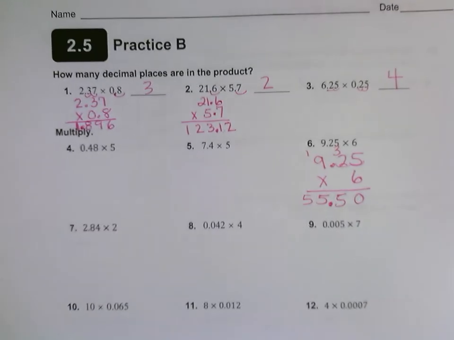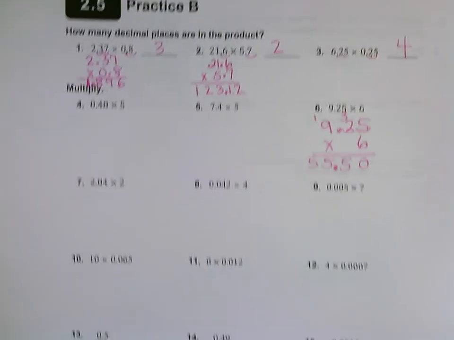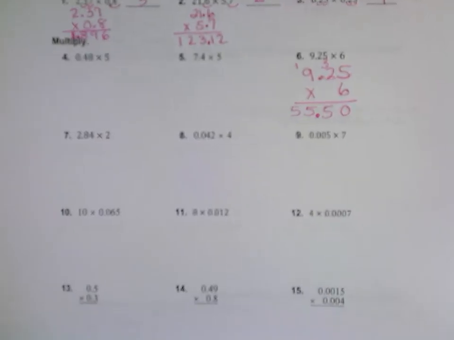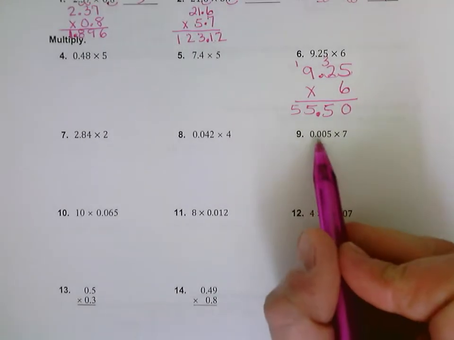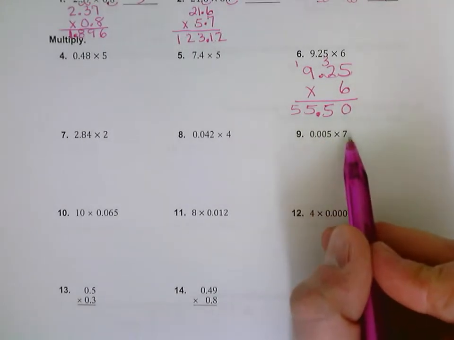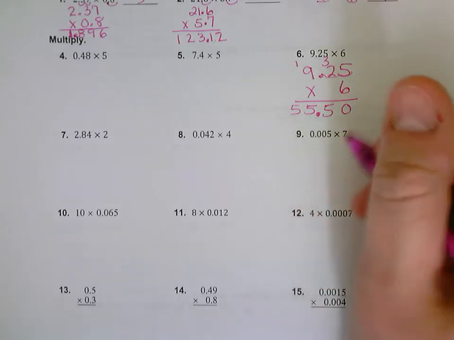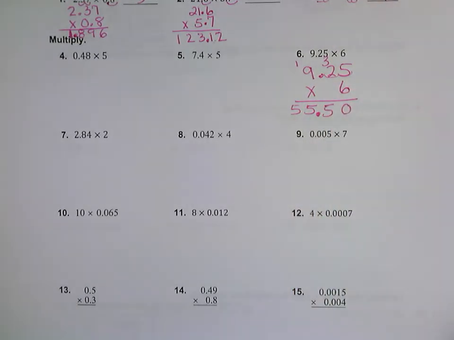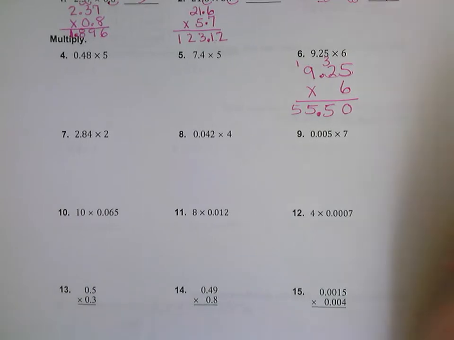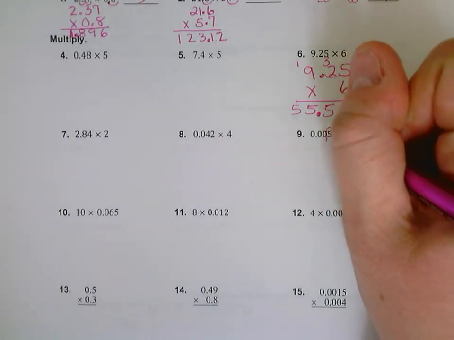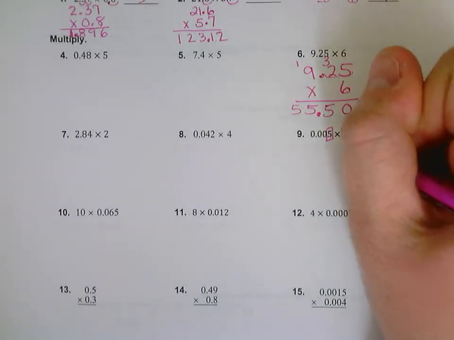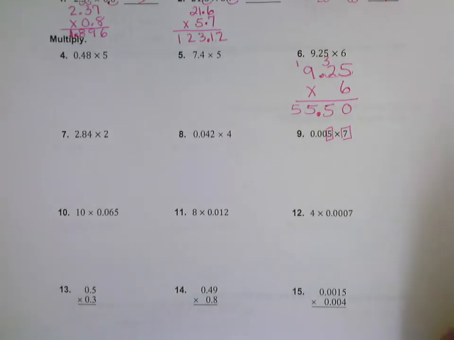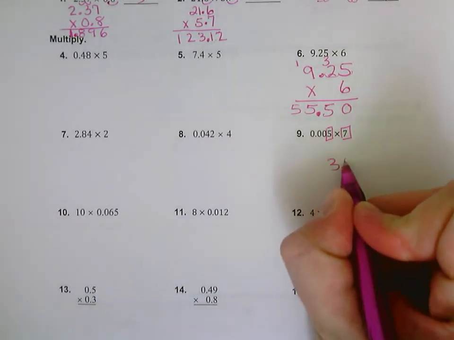Now, let's take a look at some of these problems down here. Here I have 5 hundredths times 7. I have all these zeros in front of that 5. I don't have to worry about those zeros. I want to focus on this basic fact of 5 times 7. I know that 5 times 7 is 35, so I'm going to write down my 35.